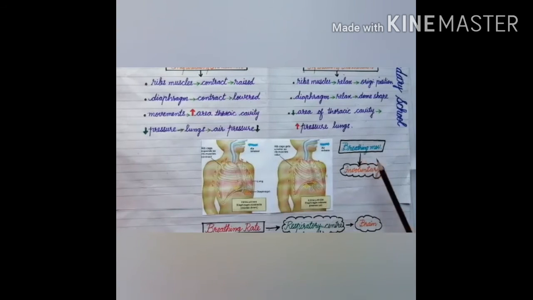These breathing movements are involuntary actions, and you know about the involuntary actions. You have studied them in your previous classes: involuntary actions are those actions which are done without our will. So we can control the rate of breathing but not for a long time.